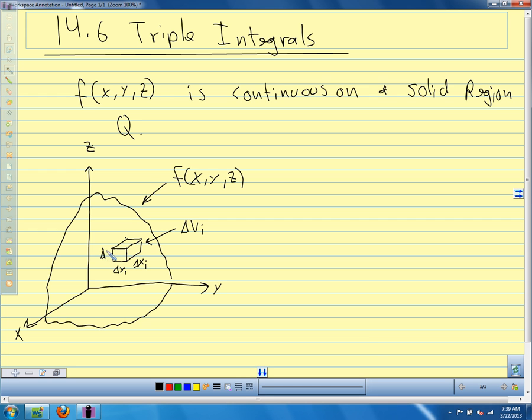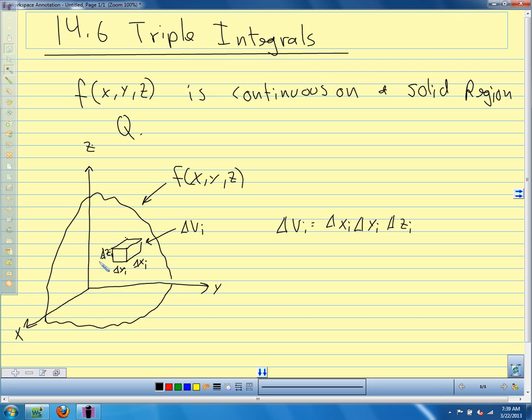I guess initially it doesn't have to be tiny, but eventually we'll make it tiny. So delta v sub i is just all of our delta x, y, and z multiplied together. And x sub i, y sub i, z sub i is just a point in the box.